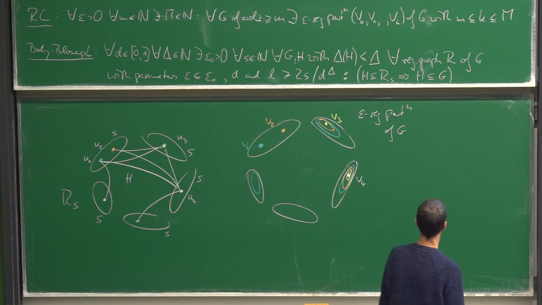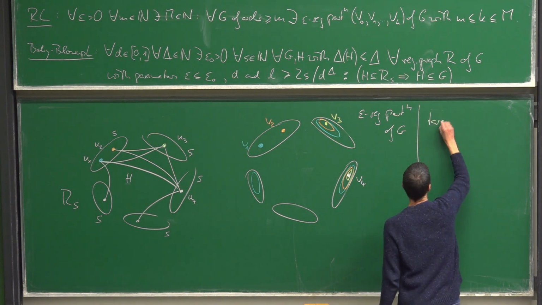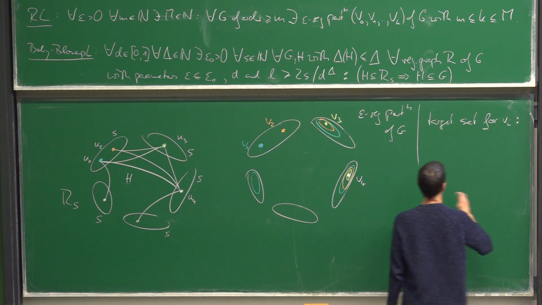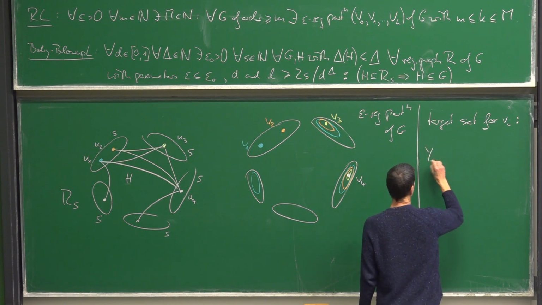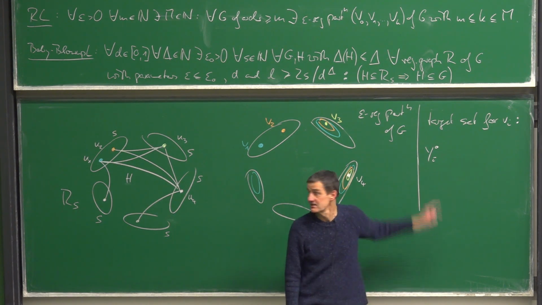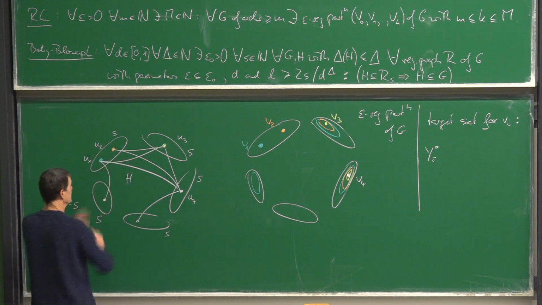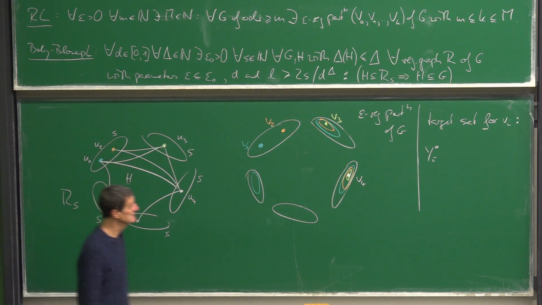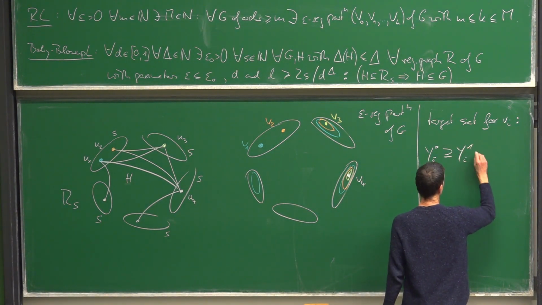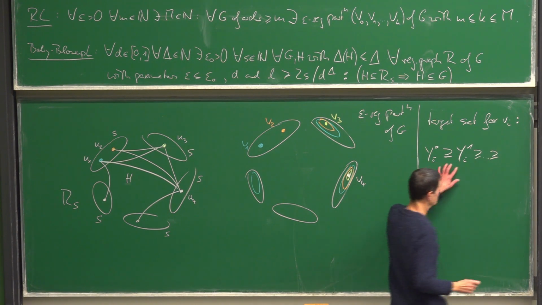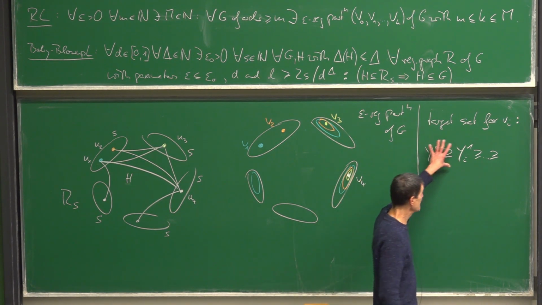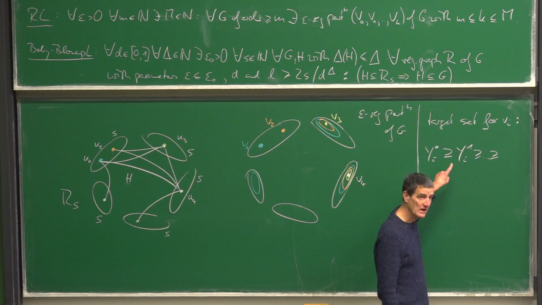The target set for Vi will originally just be the entire class, the partition class that corresponds to the partition class of RS in which Ui lies. But then it shrinks with every little Uj, j less than i, that we embed earlier, and to which Ui is adjacent.